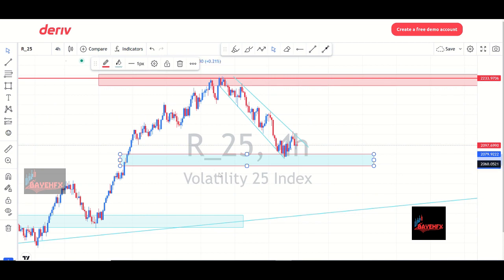So if the correction is ending here, we still need to see another confirmation that the market is going to change directions. You can see the market gave us multiple rejections on this particular zone here. That's where the premium discount zone is, where buyers are supposed to come in and push the market back up, on VIX25.